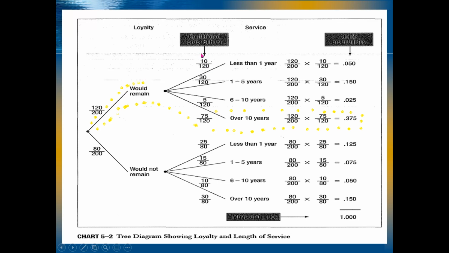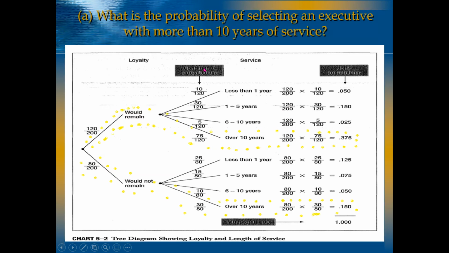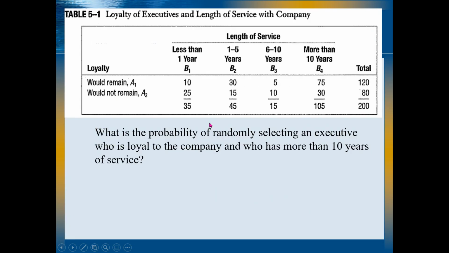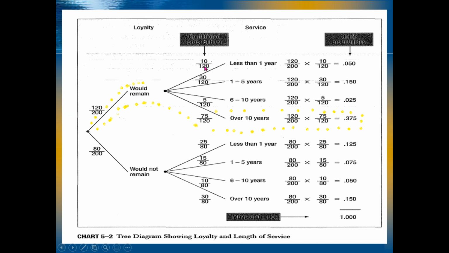That is exactly what I have filled here. Less than 1 year, out of those who would remain loyal, 10 by 120. And this is a conditional probability. Why? Because I am imposing a condition that the person would remain loyal. After imposing this condition, I am computing the probability that the person would have an experience of less than 1 year. So this 10 by 120 is a conditional probability.